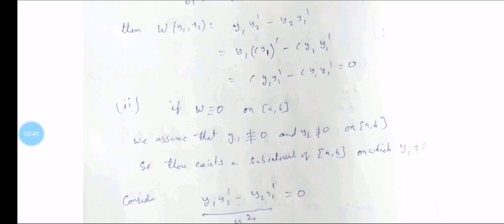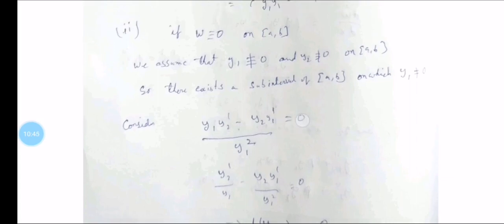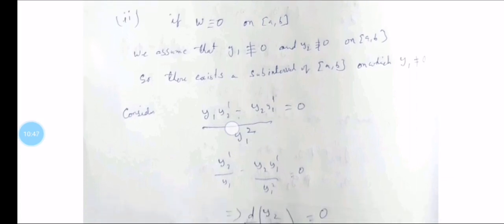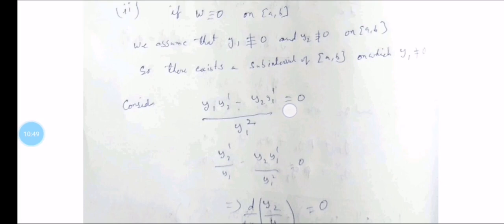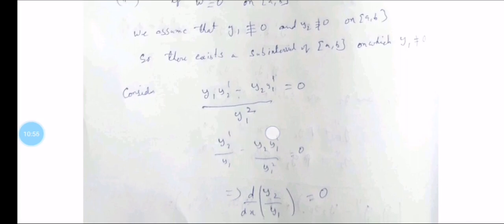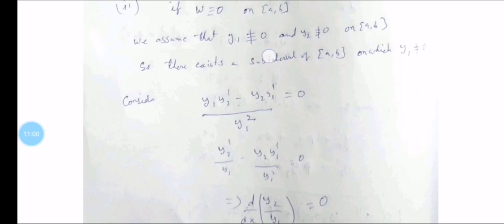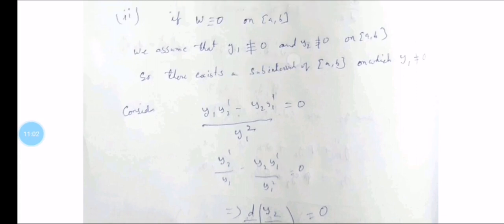As y1 is not equal to 0, we can divide by y1 square. The numerator part is equal to 0 as W is 0, so the total term is equal to 0.